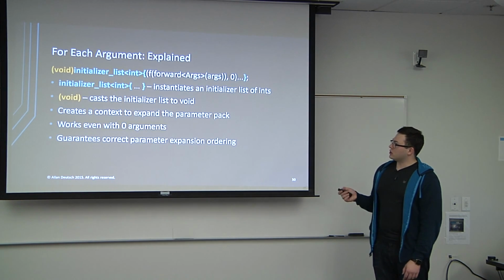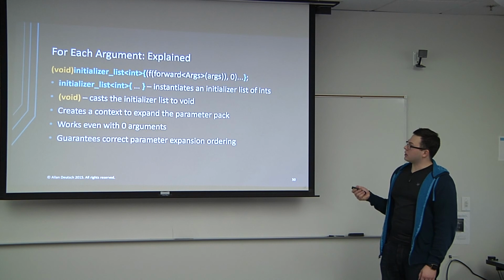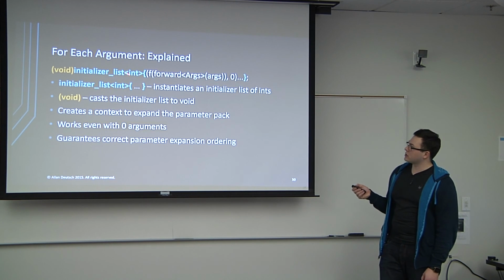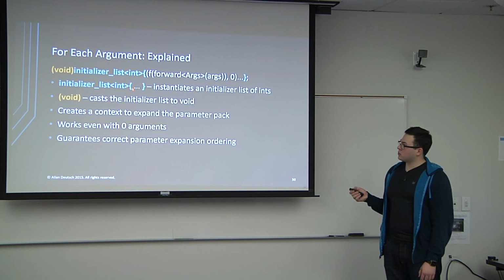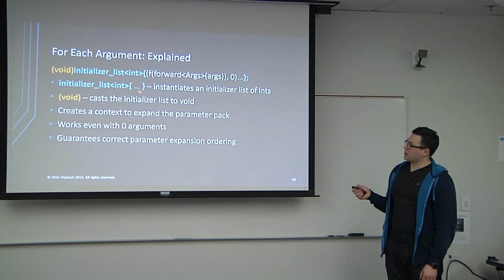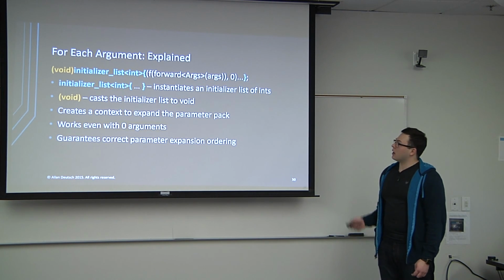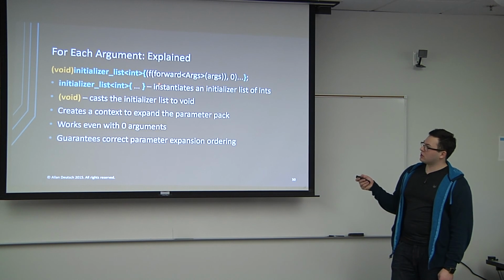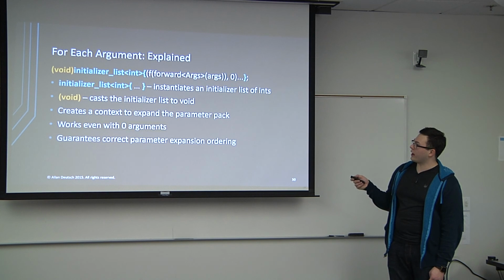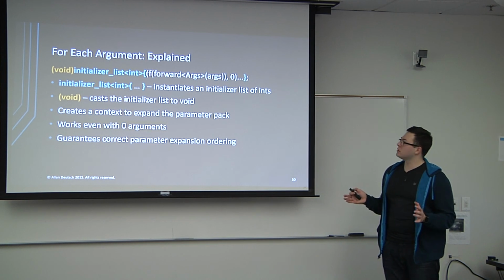So then what we can do here inside the body is we have the initializer list of ints. What we're doing there is, with the stuff inside, we're actually instantiating an initializer list of ints. So we have to make this call to our Lambda function resolve as a bunch of ints.